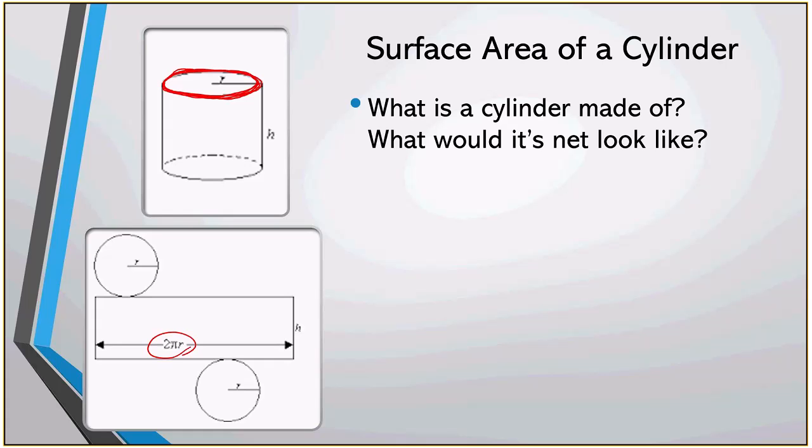So we can find the surface area of this cylinder by looking at two circles, right? We've got two circles, and we need to find their area. We know that. And we have this rectangle shape that's like the soup can label. Imagine that rectangle wrapping around the cylinder.